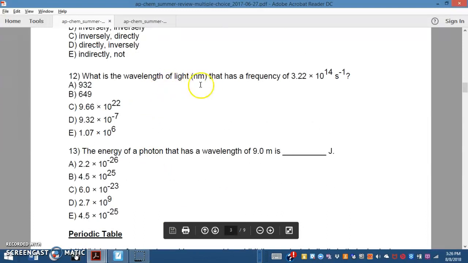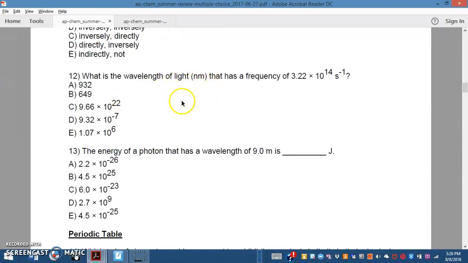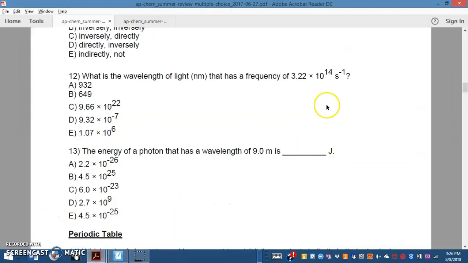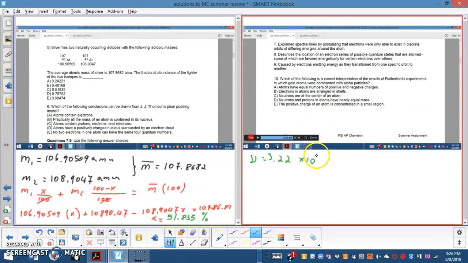What is the wavelength of light? Now, in this case, you have to do some calculations instead. So you have a frequency of 3.22. So your nu is 3.22 times 10 to the positive 14, and those are hertz.